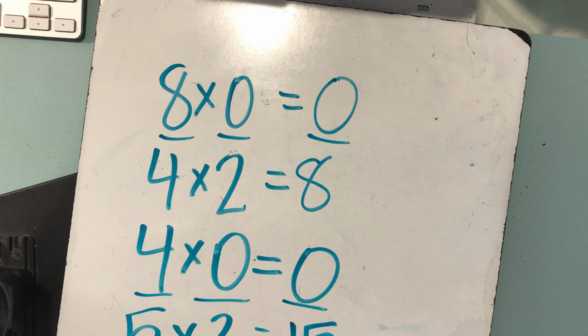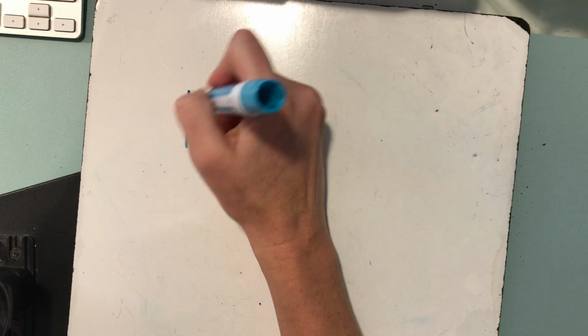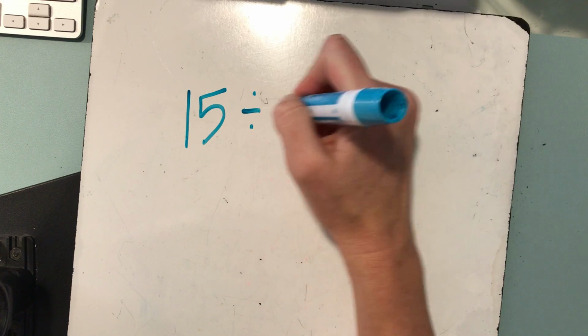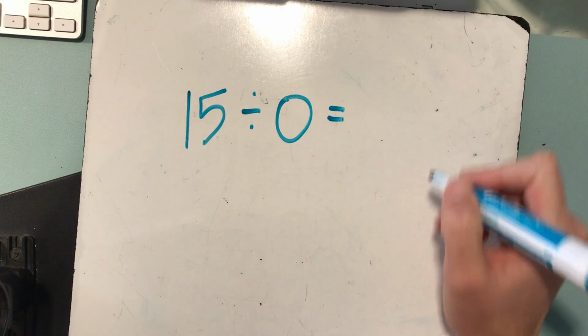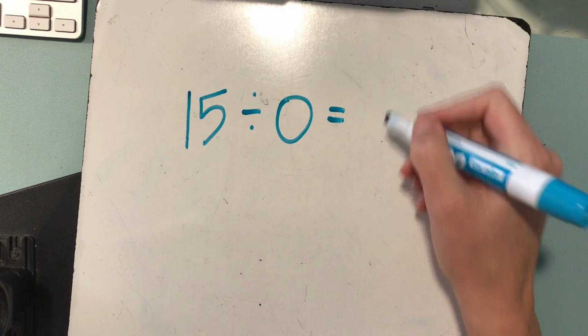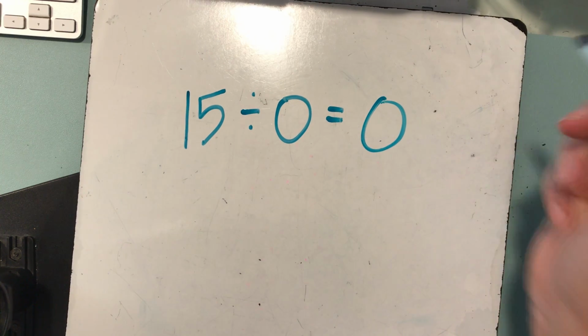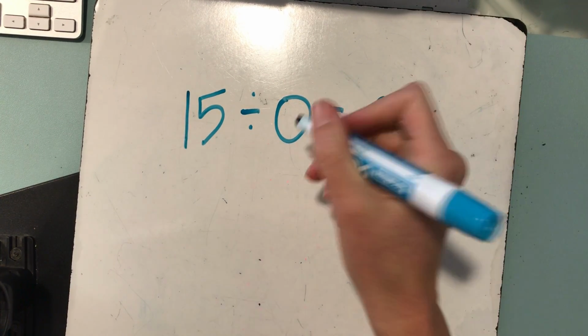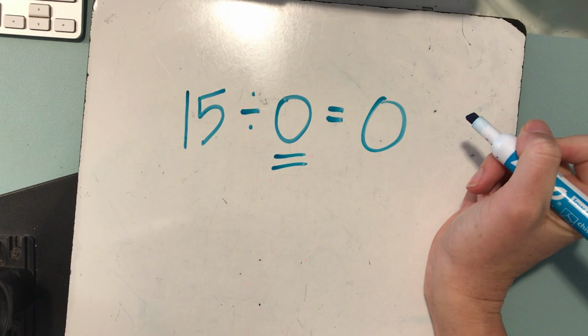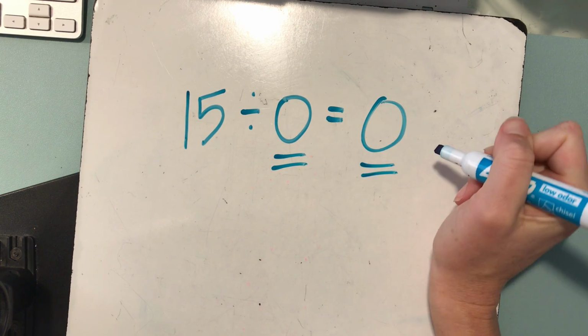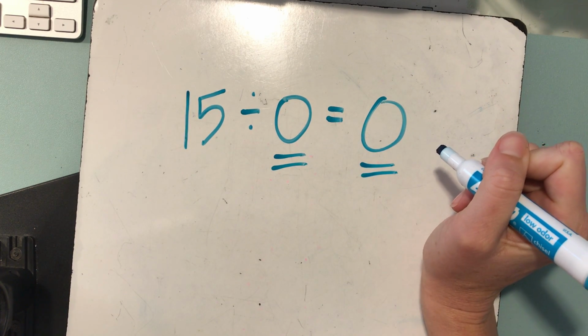This also works for division. So if I had 15 divided by 0, what would I get? I would still get 0. So for multiplying and dividing, anytime you divide or multiply by 0, the answer, the total, is 0.